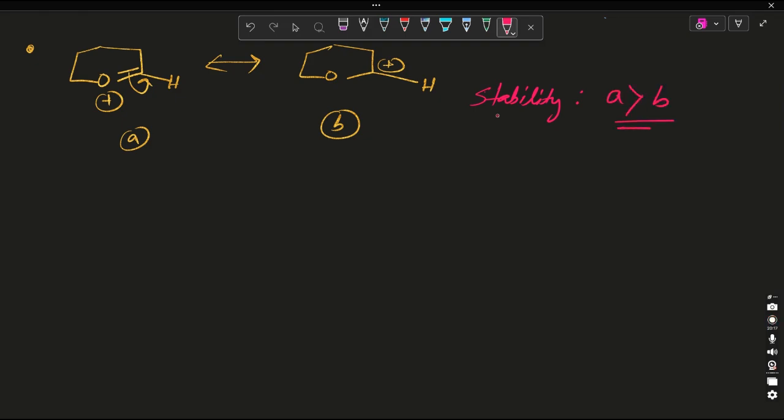We consider here the octet rule. For the A form, the oxygen atom has 2, 4, 6, and 8 electrons. So the octet is filled. But for the next form, this carbon atom has 6 electrons, so the octet is not filled. So the stability order is A greater than B.